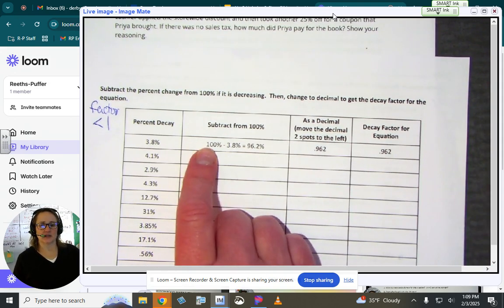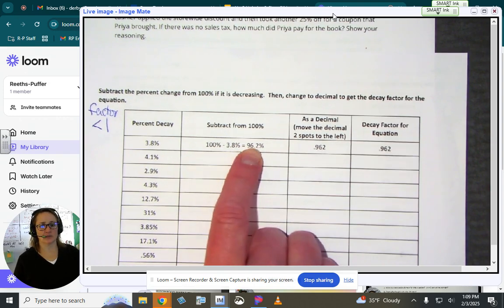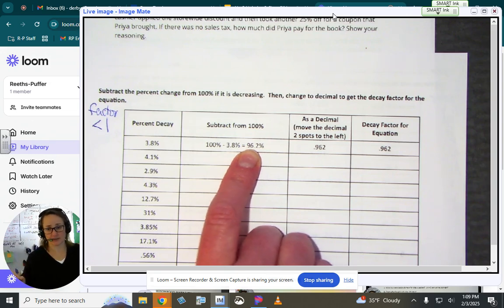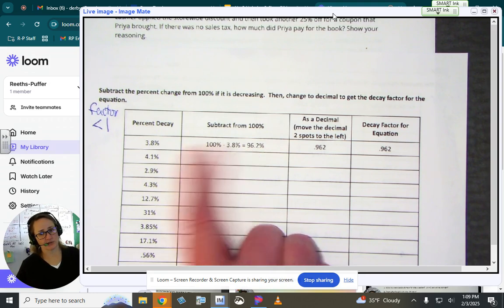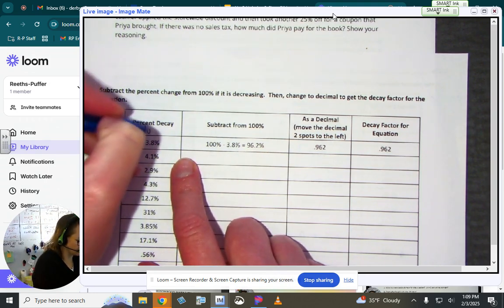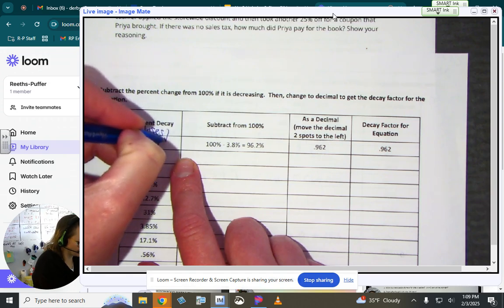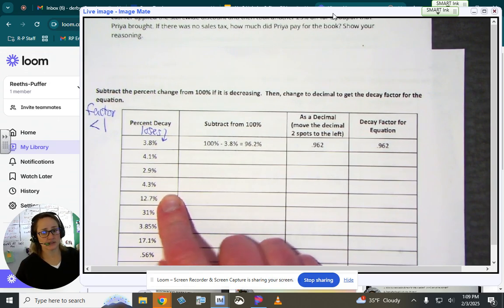And so here, that's exactly what they do. They subtract 3.8 from 100. They get a number that's less, a percent that's less than 100%, because it's keeping 96.2%. That means it's losing, right? This is the amount that it loses. Think about that, okay? This is the amount that it loses.